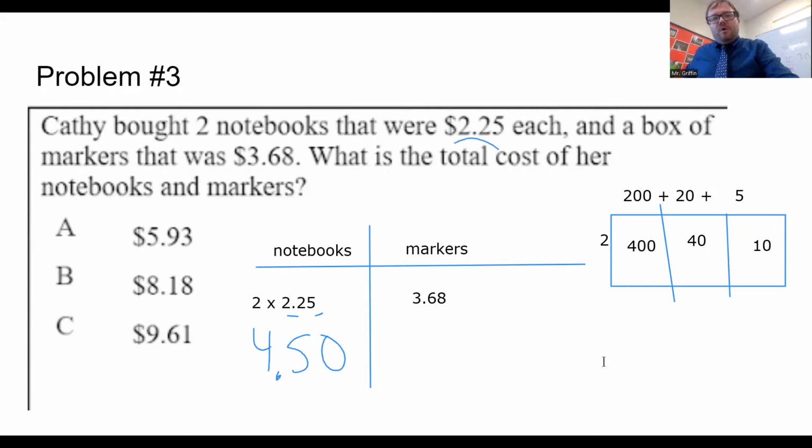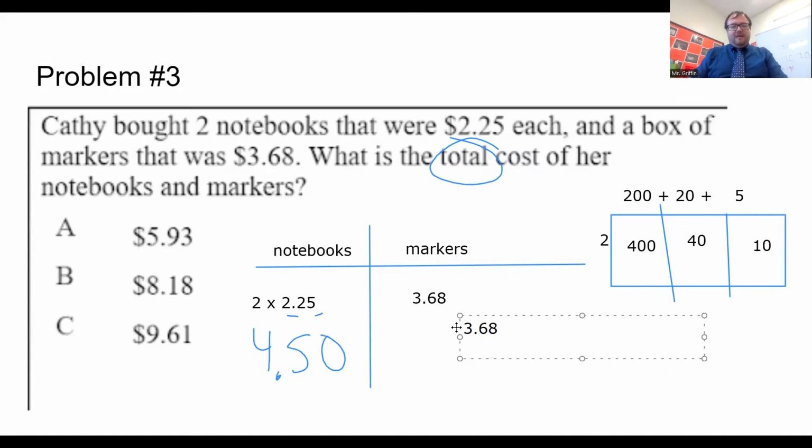Now this word total tells me that I'm adding these 2 numbers. So I'm going to stack my numbers vertically, lining them up by the what again? That's right, the decimal place. So I write my numbers down, put a little addition symbol. Now I'm going to go ahead and add them up. I know 8 plus 0 is 8. 6 plus 5 is 11.